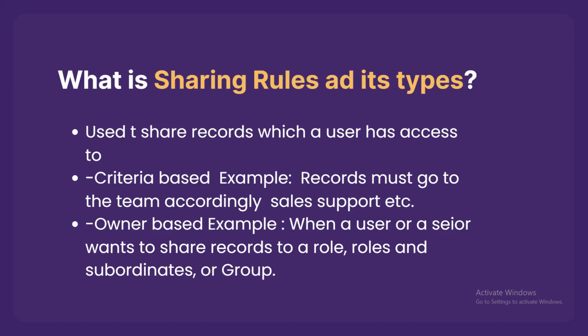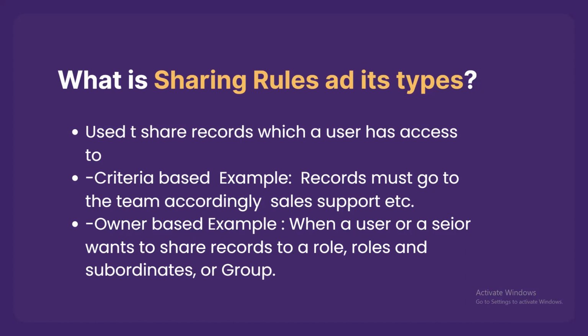This record should go to the support team. And if some records have come to get information about the product or something, where should it go? It should go to the sales team, right? So this is how the records are bifurcated using criteria based sharing rules.